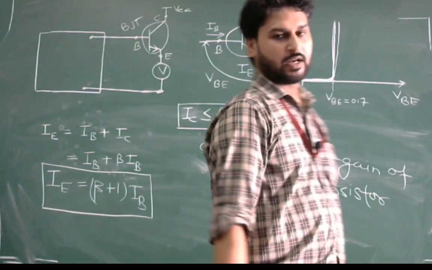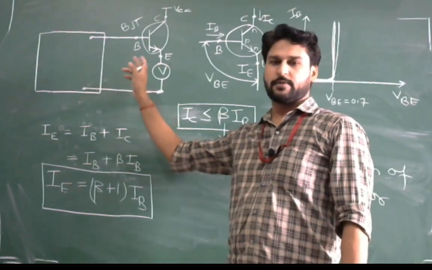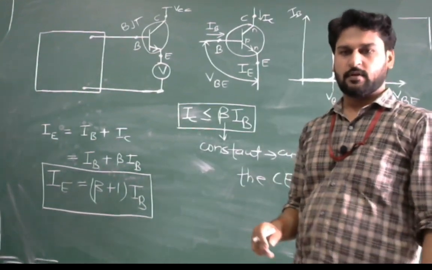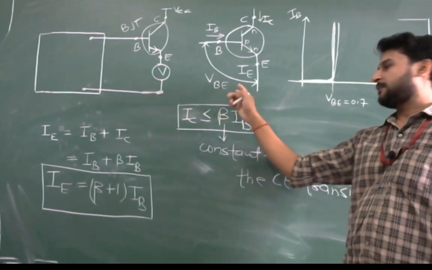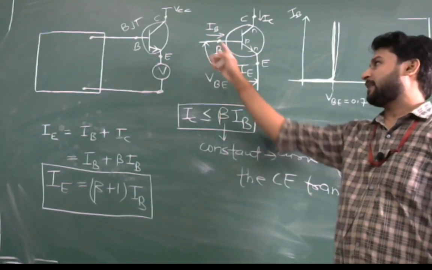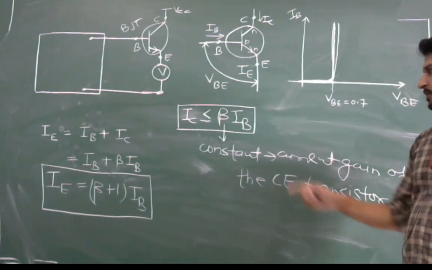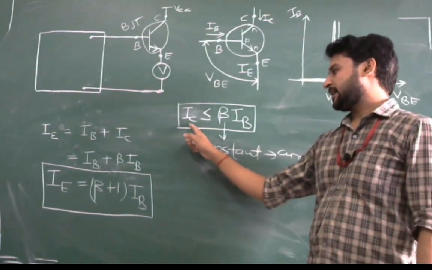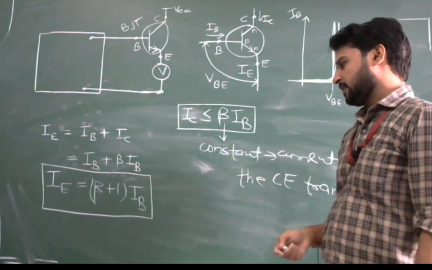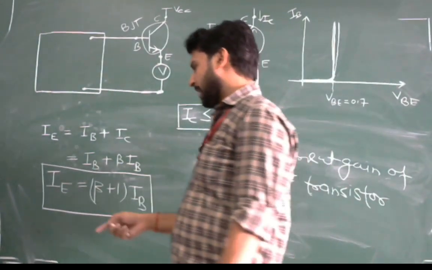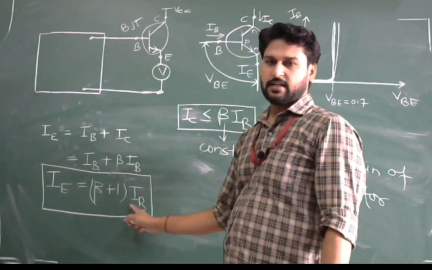So we have to remember these points to analyze this emitter follower voltmeter. One important result is that the voltage VBE always remains 0.7 volt irrespective of the base current going inside the transistor. The two relations are important: the maximum value of current IC is equal to beta times IB, and the current going out of the emitter will be equal to beta plus 1 times the base current IB.